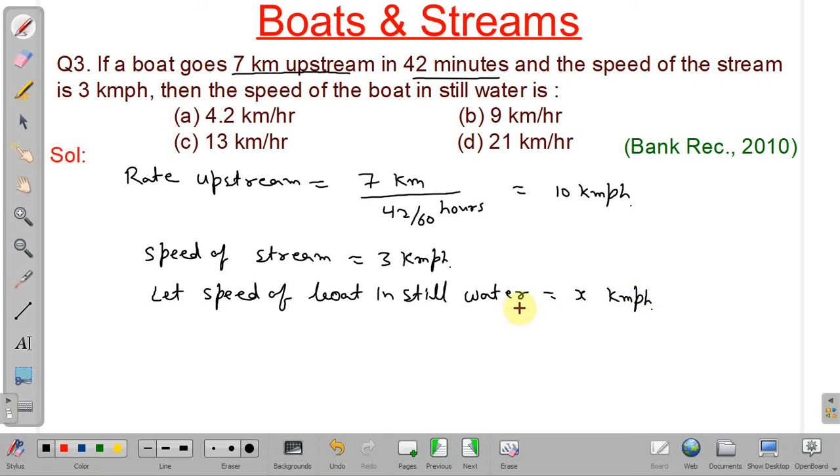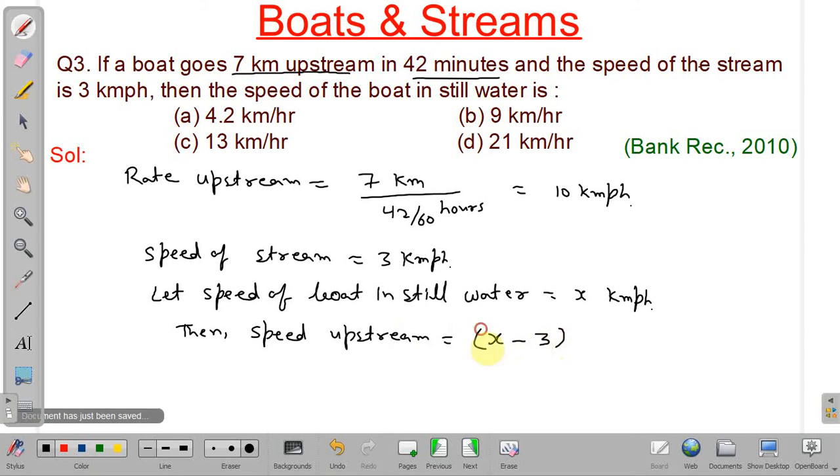Okay. Now we know what will be the speed in upstream direction. Then speed upstream will be equal to speed of boat in still water minus speed of current or rate of current, and rate of current is given as 3. Okay. So x minus 3 kilometer per hour.